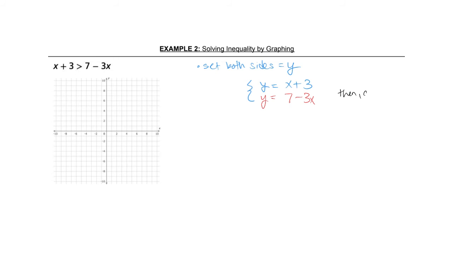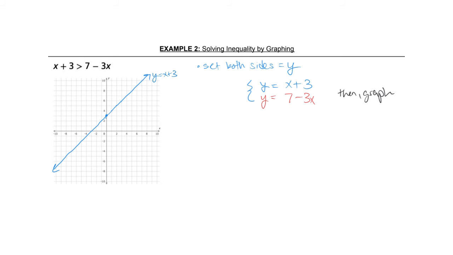So for x plus 3, we have 3 as the intercept, and then we go up 1 for every 1 to the right, since the slope is 1/1. Okay, so there's our y equals x plus 3.